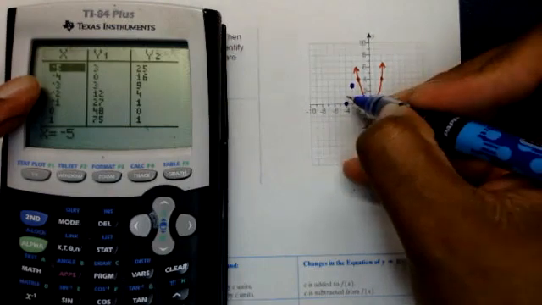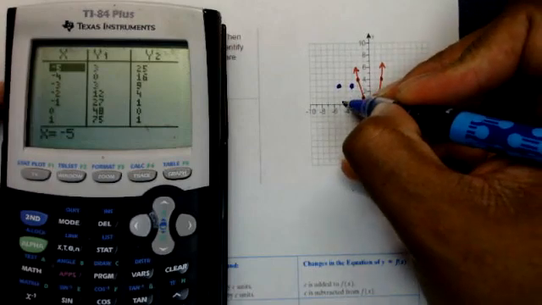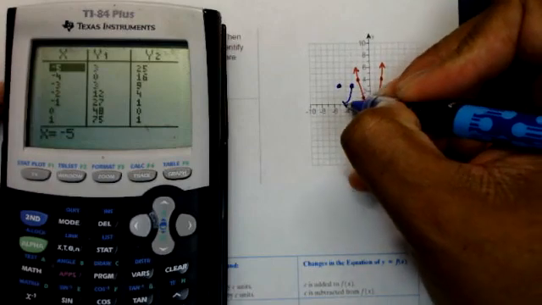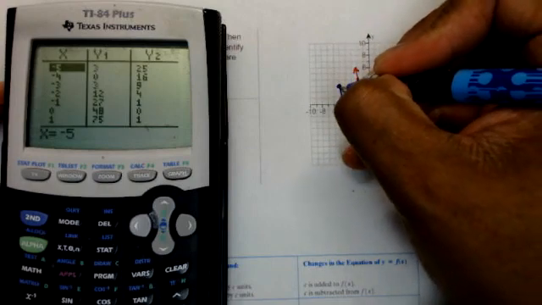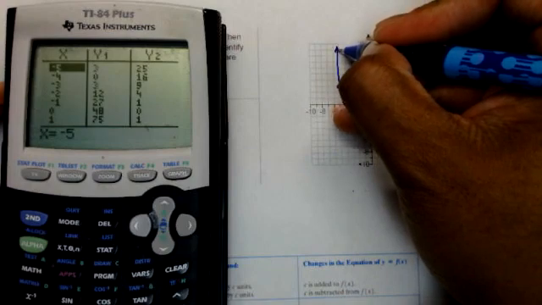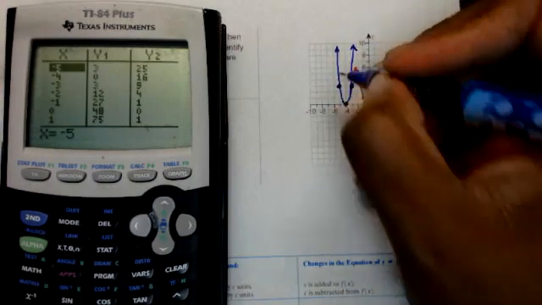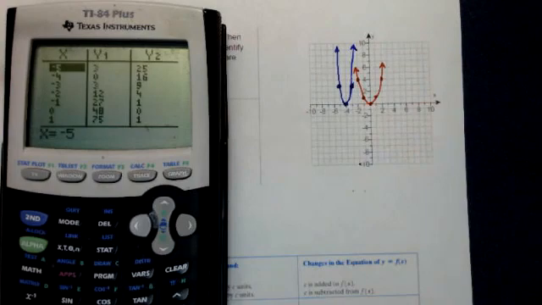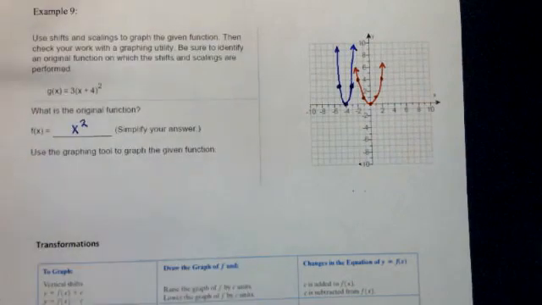And at negative 5, that's also 3. So here's what that graph looks like. You can see that there is a horizontal shrink on that graph, and it's shifted to the left 4 places.